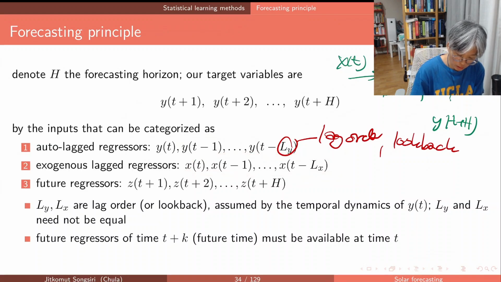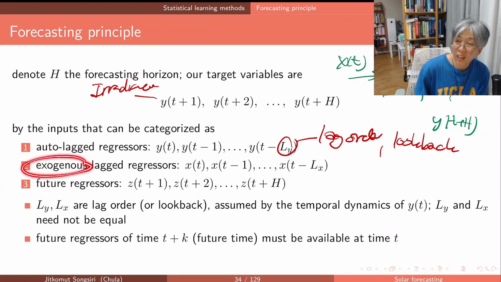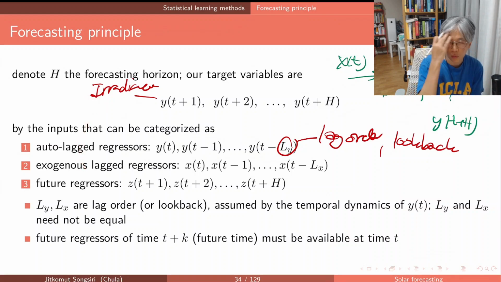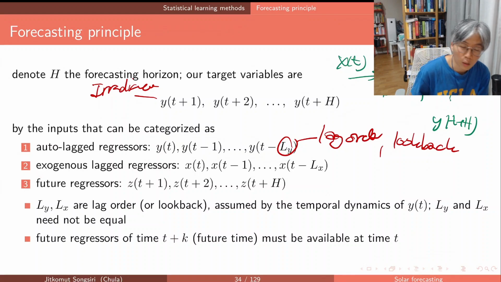For example, in our application, this y is solar irradiance. So you may think of what would be another variable that is correlated with the irradiance and helps explain it. What about weather variables? What about the cloud? What about temperature? These could be examples of exogenous regressors.